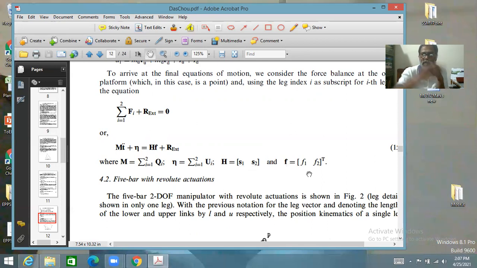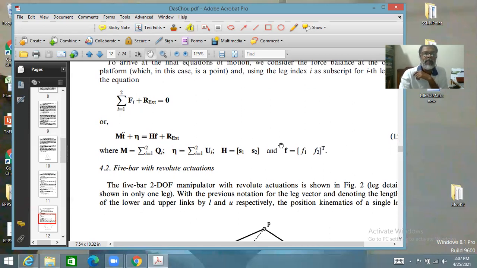Okay, because one came with F1 S1, the other came with F2 S2. So this becomes a force transformation matrix sitting here. This is external force coming from here, and these two will come from the sum of whatever we got from there. So this kind of analysis can be conducted for the 5-bar with revolute actuations also.